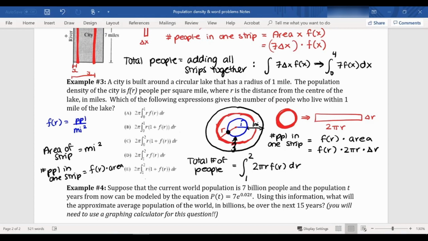If I take my 2 pi out, then I get the integral of r times f of r dr. Again, I'm not putting people in the middle of the lake from 0 to 2.